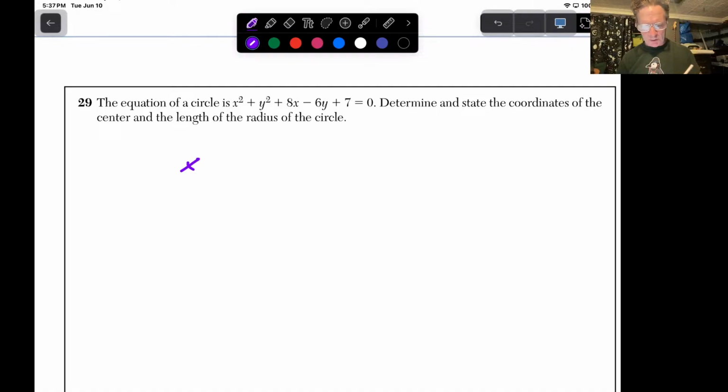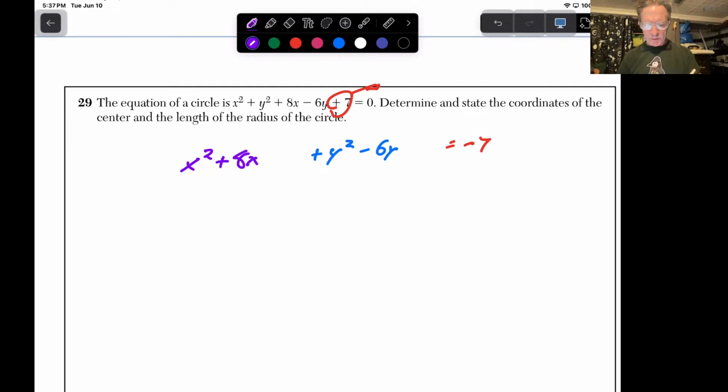So I'll show you. If I'm going to use completing the square, it would be x squared plus 8x plus, I'm leaving a little space there, y squared minus 6y equals -7. I just moved this over to here by subtracting it.